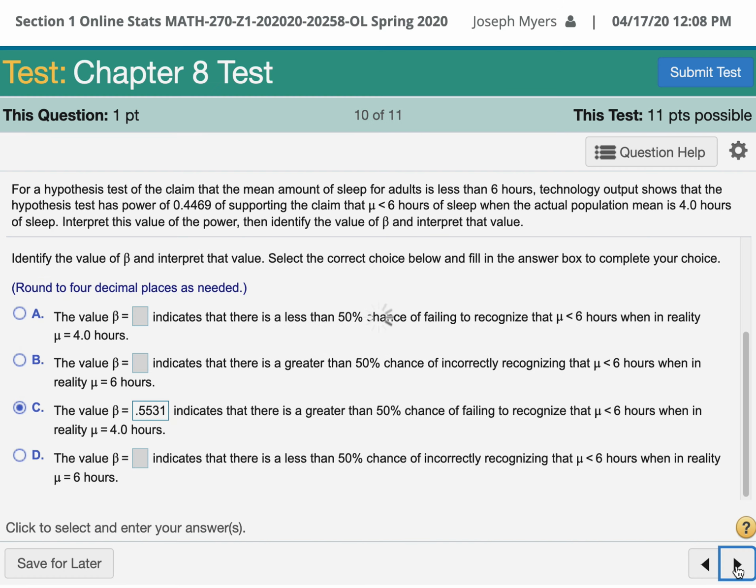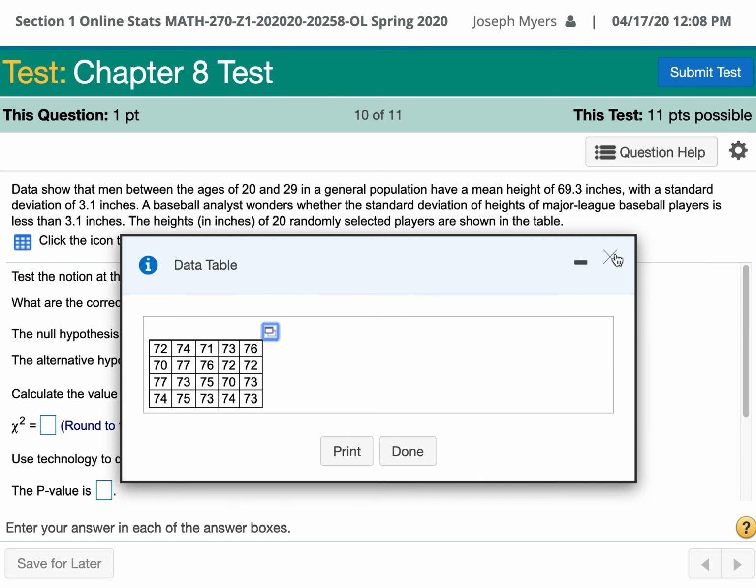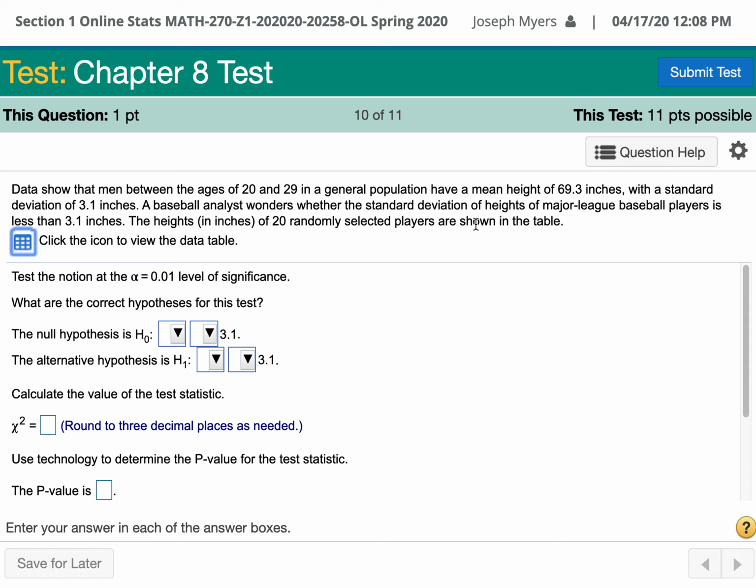All right, now let's do question 10. So questions 10 and 11 are about standard deviations. So let's look at this data table. Okay, so the men in the general population have a mean height of 69.3, a standard deviation of 3.1. So the null hypothesis would be that the standard deviation is equal to 3.1.